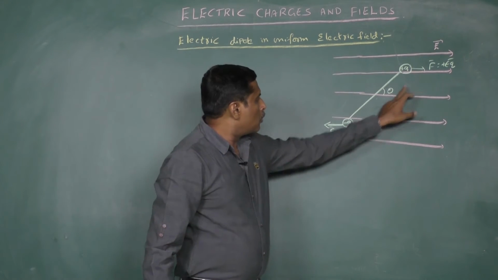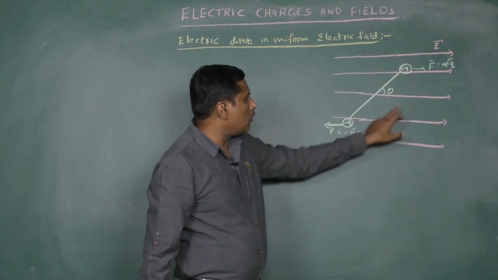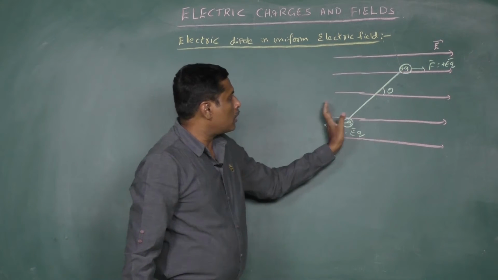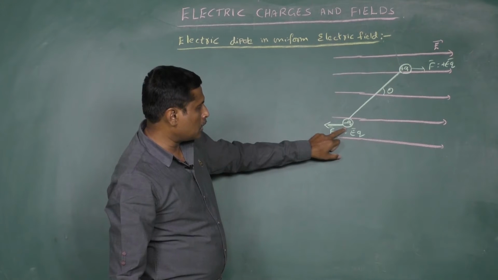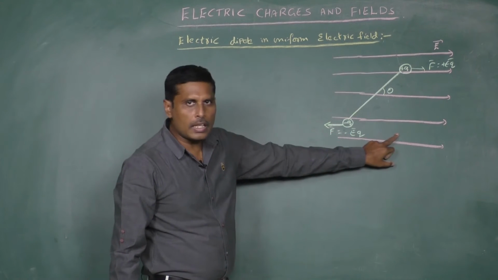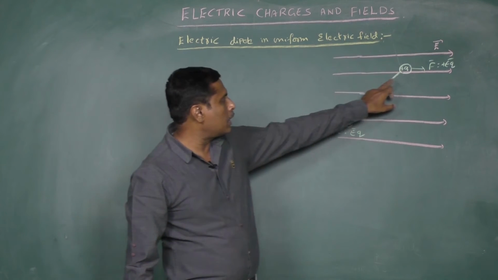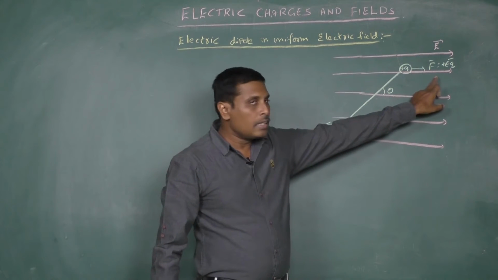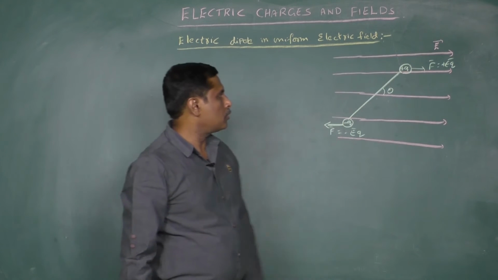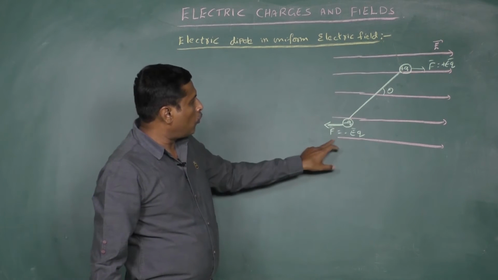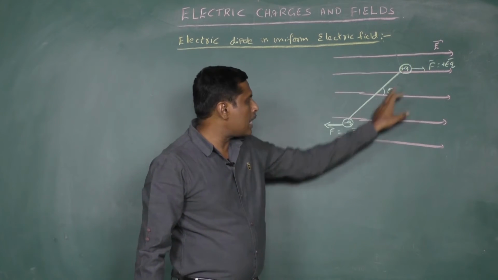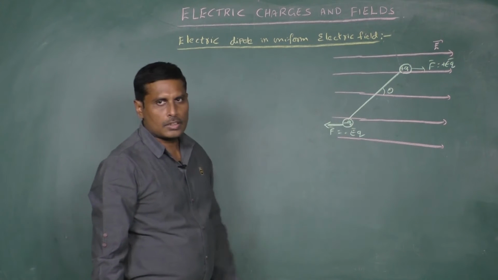The two forces are equal in magnitude but in opposite direction. The force acting on the negative charge is opposite to the electric field, and the force acting on the positive charge is in the direction of the electric field. As the charges are equal in magnitude, the forces are also equal in magnitude but act in opposite directions.